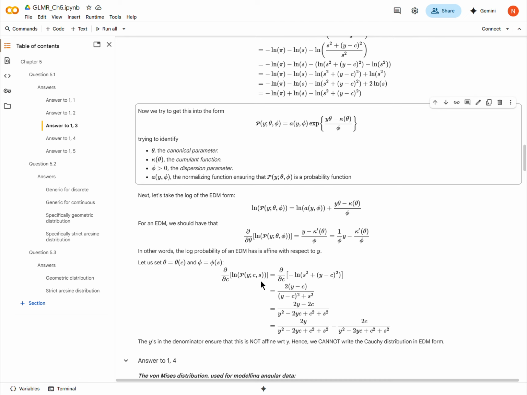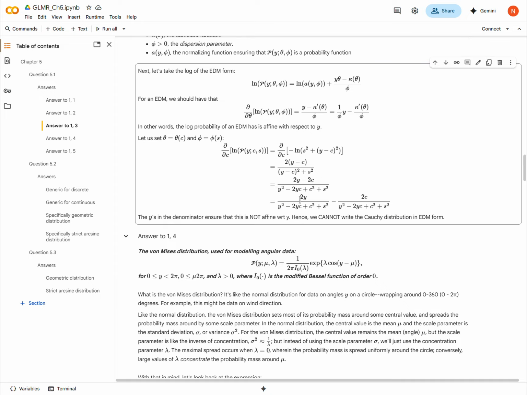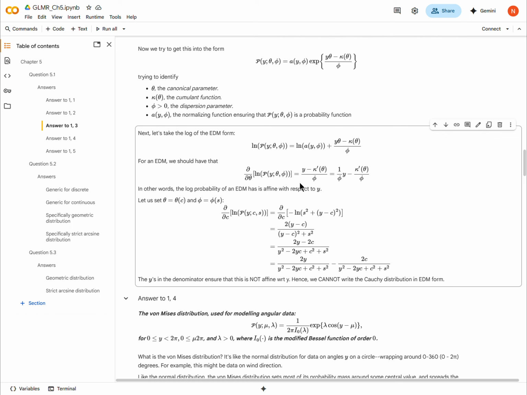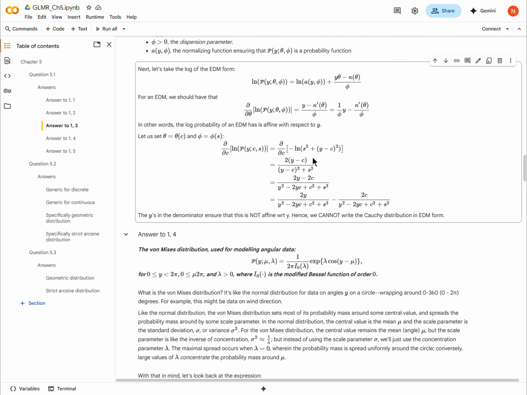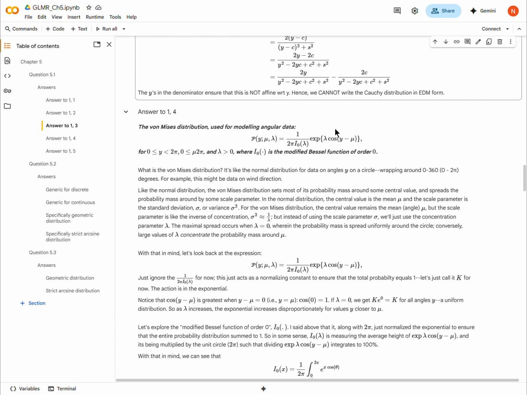Through your manipulations, insofar as I can tell, and you may arrive at different forms, I get to this particular form right here, and cannot put this into EDM form. Again, I hope that the math is clear enough that you can follow what I've done, and also identify any errors in case there was some trick that I missed that could have made it work.